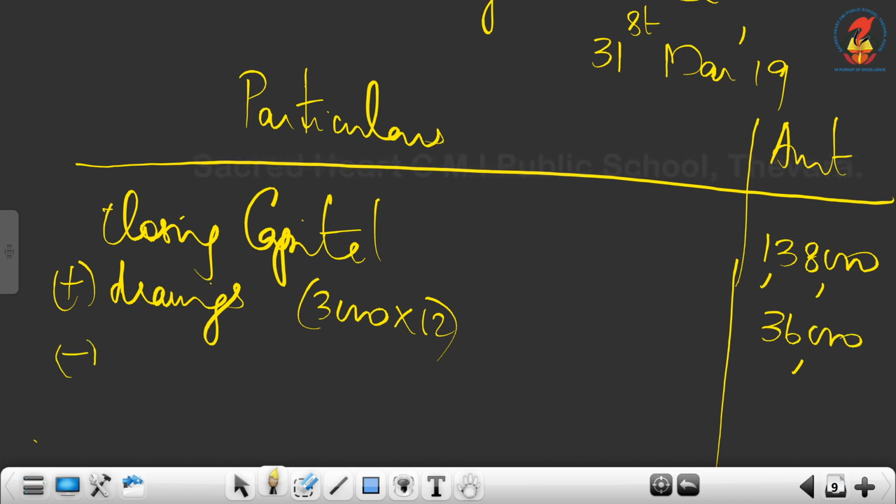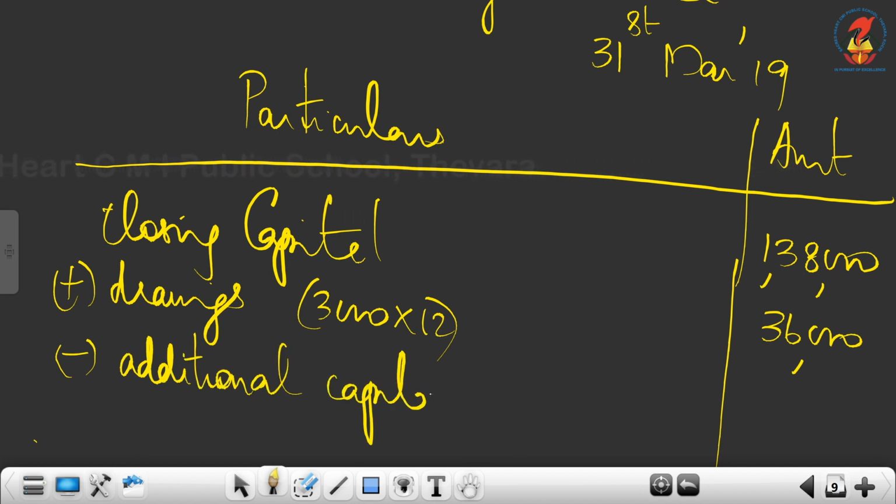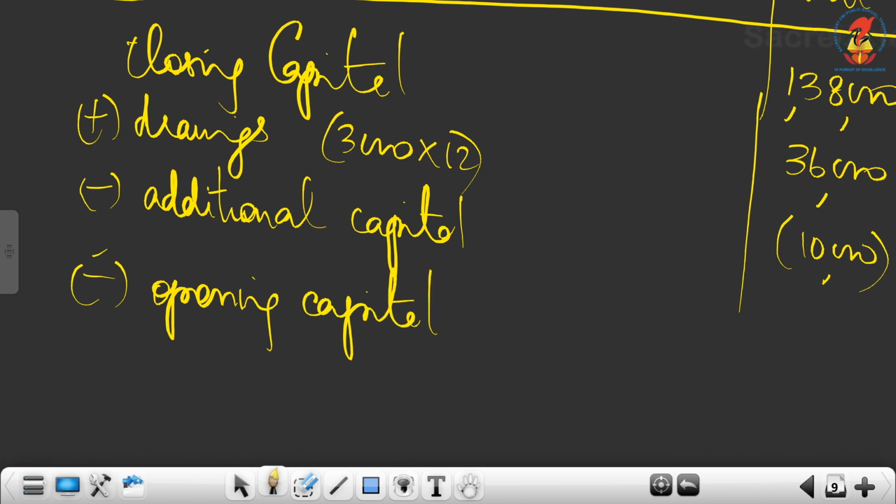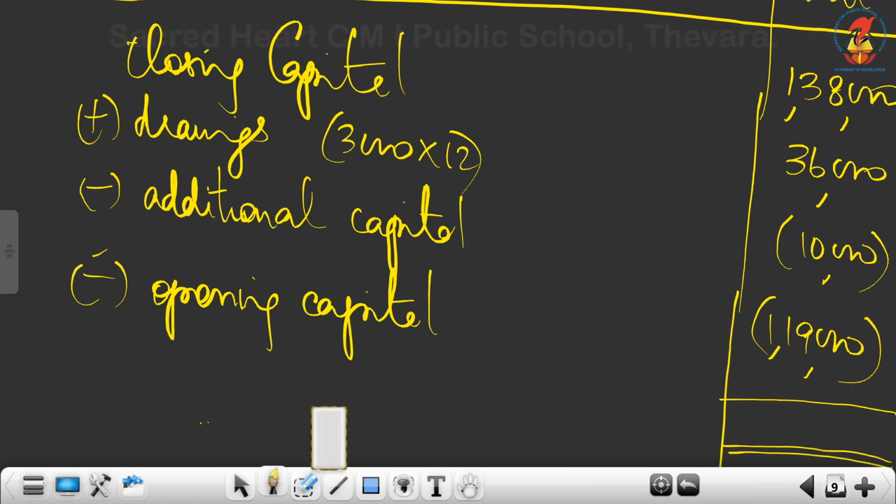Then less additional capital 10,000, then less opening capital. Opening capital is 1,19,000. So finally the figure is 45,000.